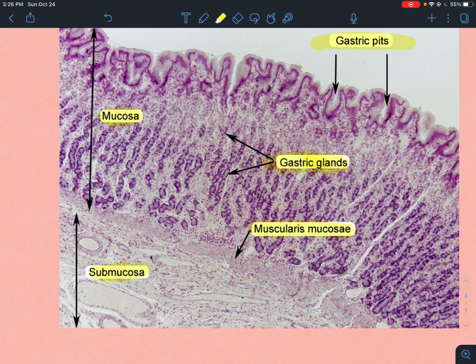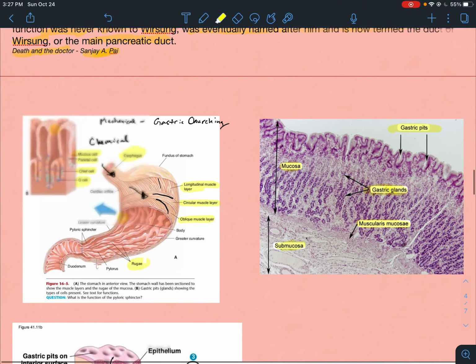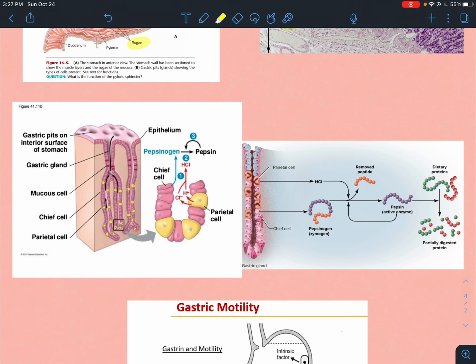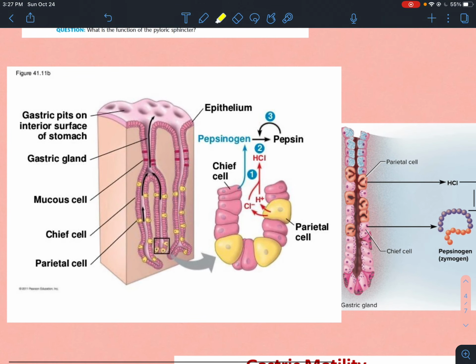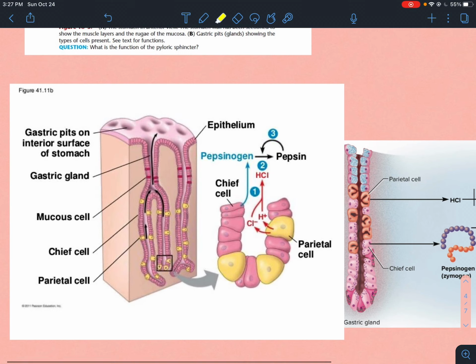We're going to pay special attention to the gastric glands. So let's take a look at what they are like and what their cells are like. Let's notice first the gastric pits. You can see that these are them, these openings, which lead you down into these tunnel-shaped gastric glands.